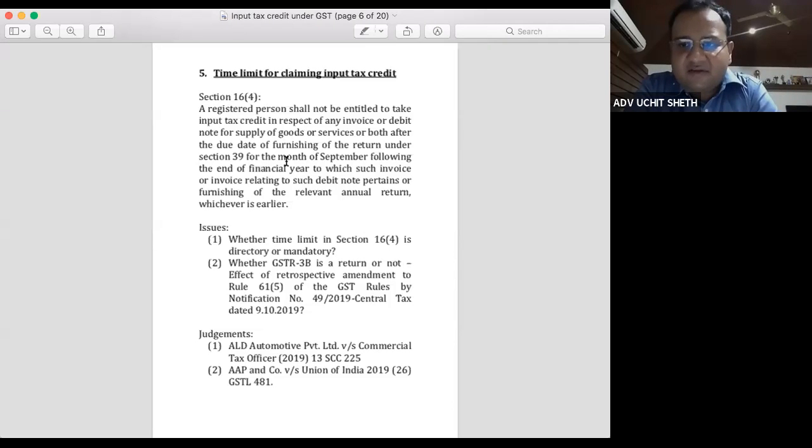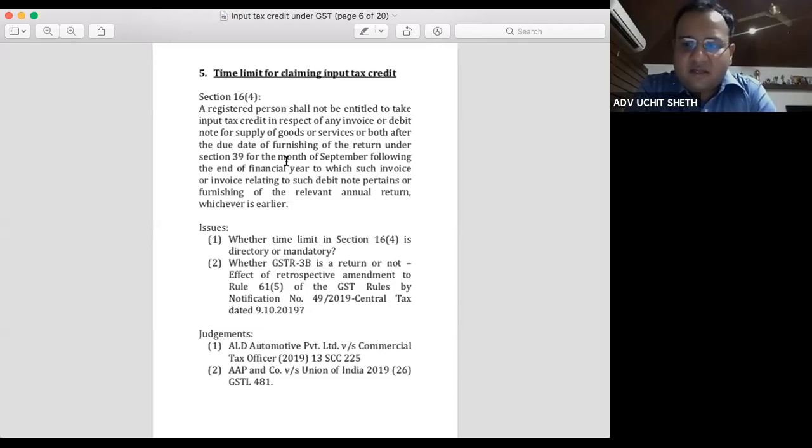Supreme Court takes a view that input tax credit, as I said earlier, is arising from the statute itself. The legislature is free to impose conditions for availment of input tax credit. Therefore, if the provision says that he shall not be entitled to take input tax credit after a particular period, it is a mandatory provision and not a directory provision.